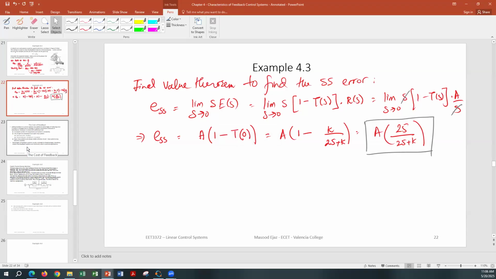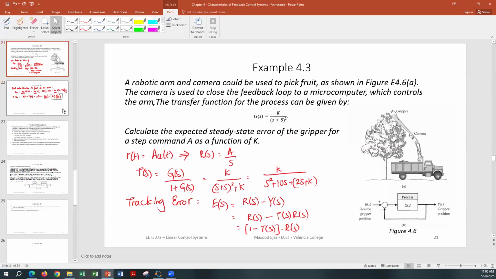Any question so far? Yeah. Go ahead. Oh, this, so G(s) is going to be k over (s plus 5) square, and then it's going to be 1 plus k over (s plus 5) square.